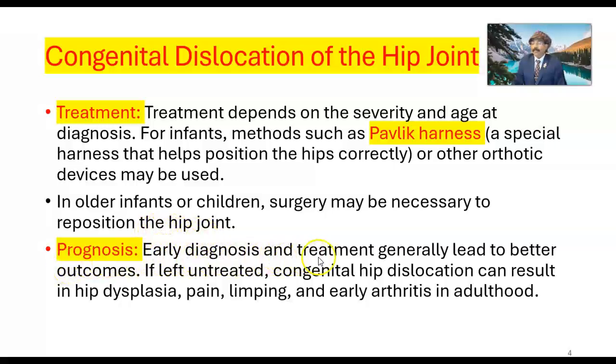Prognosis: early diagnosis and treatment generally lead to better outcomes. If left untreated, congenital hip dislocation can result in hip dysplasia, pain, limping, and early arthritis in adulthood. Arthritis means pain in the joint.